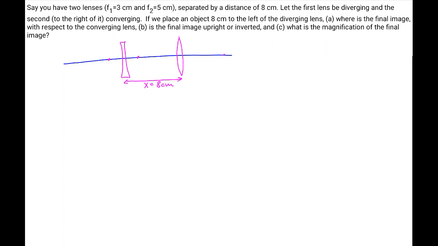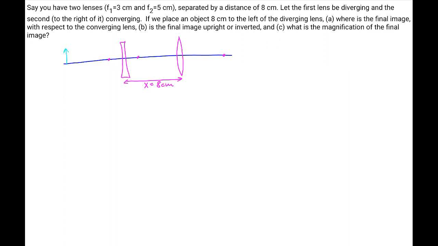So this point is the focal point of the diverging lens, but it's also the focal point of the converging lens. It's just an accident in the numbers that I picked. Then we're going to place an object 8 centimeters in front of the diverging lens.